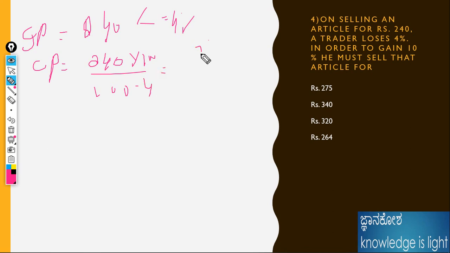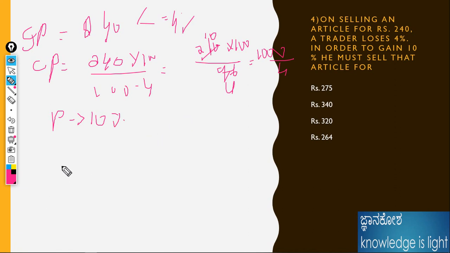That is 240 into 100 divided by 96, which becomes 1000 divided by 4. Now, from this cost price, there is a 10% gain.